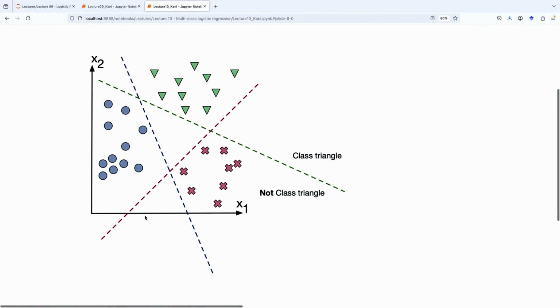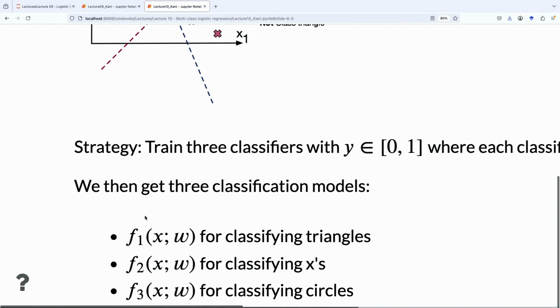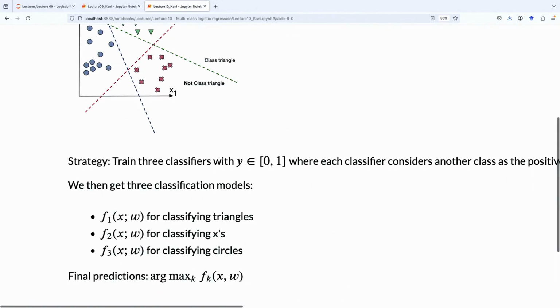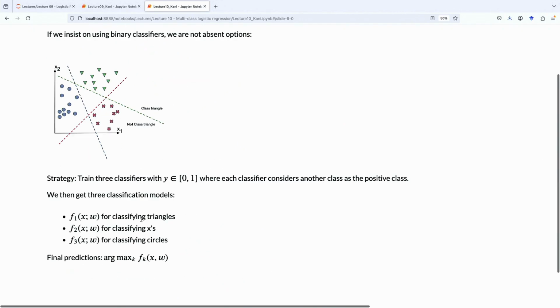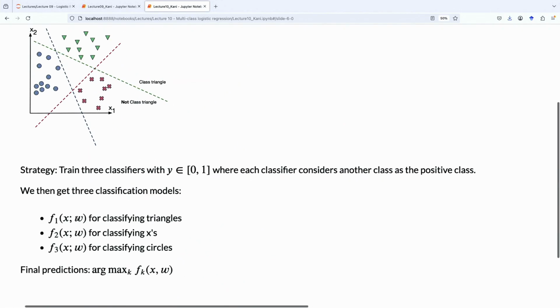And then we're left with three classifiers, each of which considers one class to be a positive class and the other classes to be a negative class. So hopefully each of these classifiers will give you one of these lines.